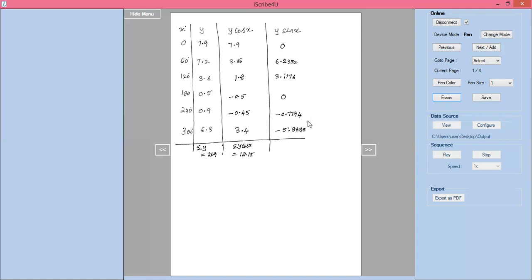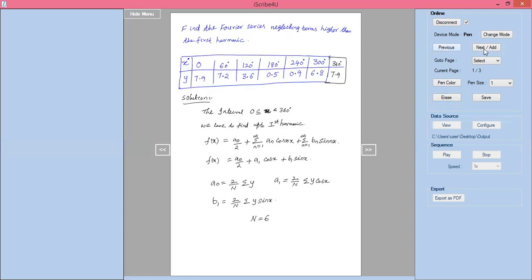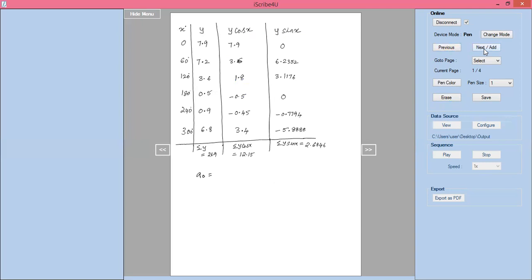Summation of y sin x equals 2.6846. Now we know the formulas and the n value, so I'll take a naught, which is 2 by 6 into summation of y, which is 26.9.